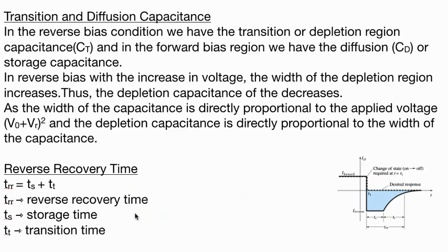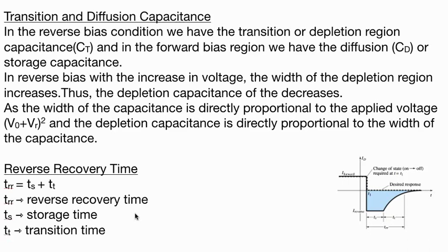Now we talk about the transition and diffusion capacitance. These are other parameters of the diode itself. In reverse bias condition, we have transition or depletion region capacitance, and in forward bias, we have diffusion or storage capacitance. In reverse bias, with the increase in voltage, the width of the depletion region increases and the depletion capacitance decreases.